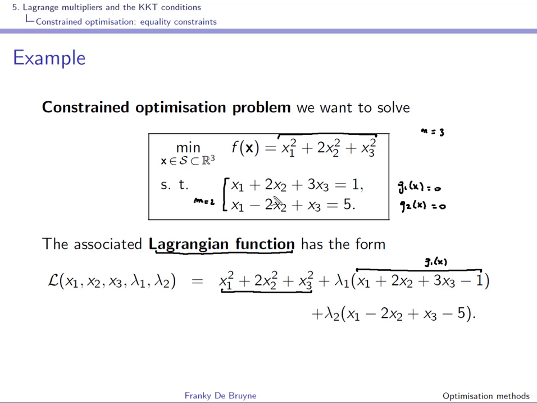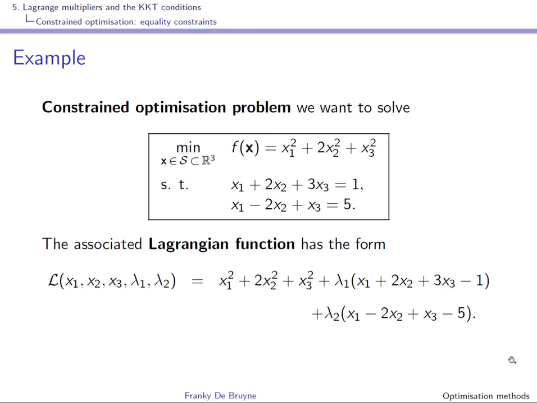Now a local minimizer of this problem will be a local minimizer of the original problem, and since this problem is unconstrained, we can simply compute the partial derivatives of the Lagrangian function with respect to the three original variables and the two Lagrange multipliers.